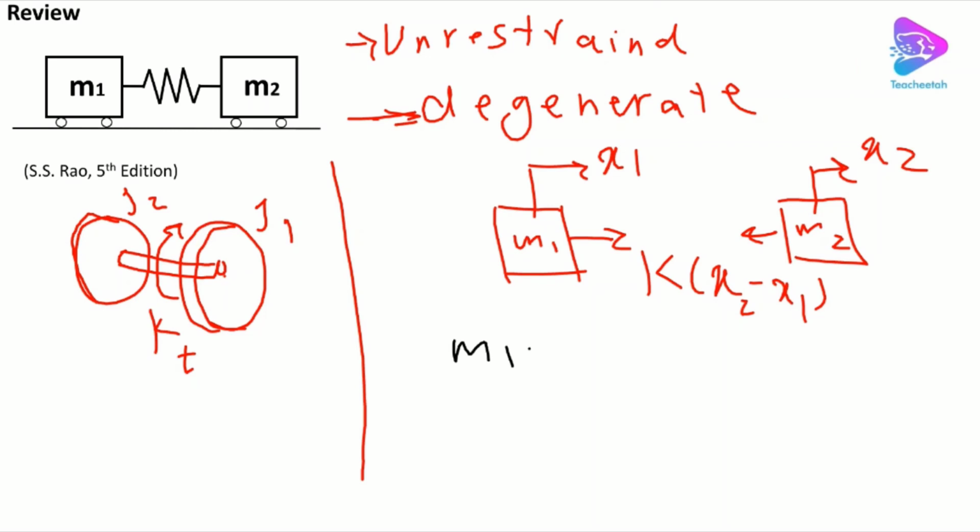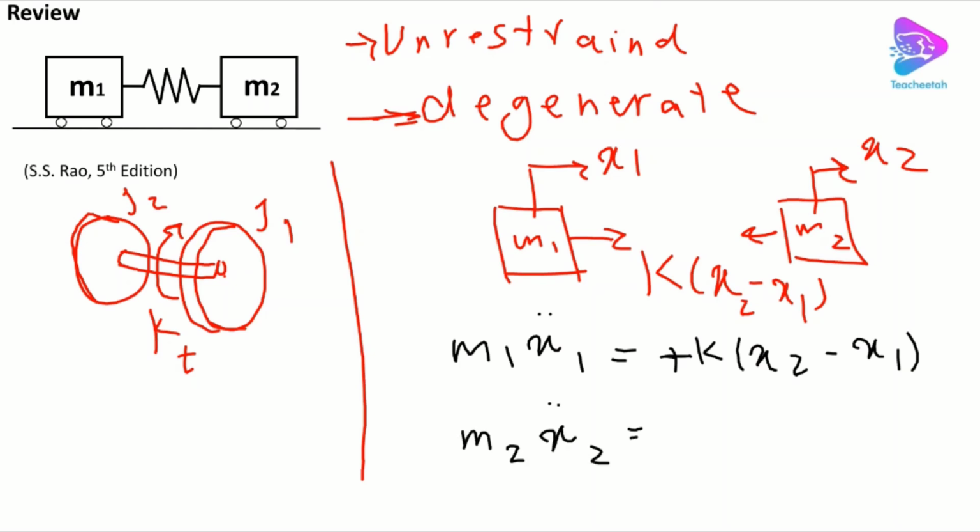We have m1 x1 double dot equal to k(x2 minus x1), since the force is in the same direction as x1; the sign doesn't matter, you can find the right signs. And then we have m2 x2 double dot equal to minus k(x2 minus x1). Why? Because the force is in the opposite direction of x2, right?